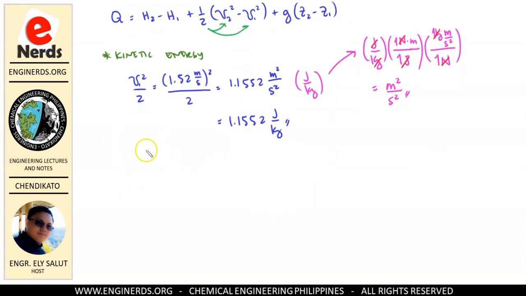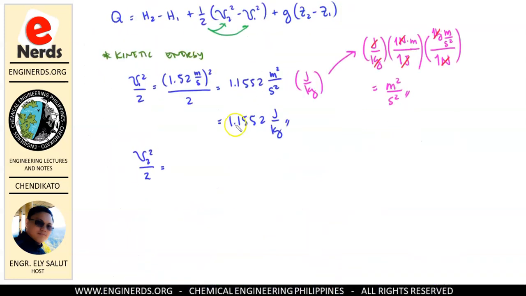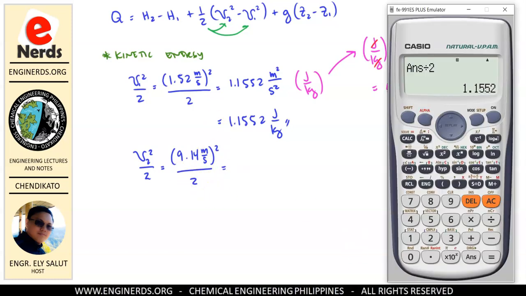Now, let us get the value of V2 squared over 2, which is equal to, our V2 is equal to 9.14 meters per second. So we have 9.14 meters per second squared over 2. So we are going to solve that again.